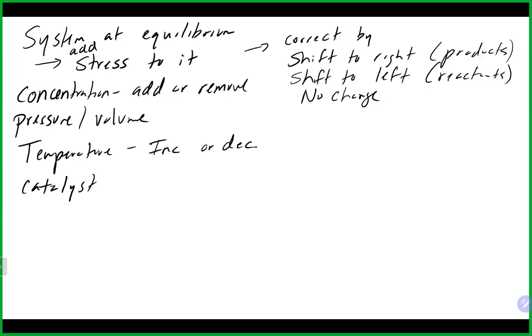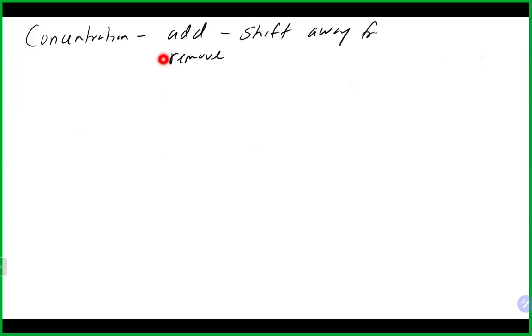So we'll start with concentration here. When we look at concentration, there's really two things that you could do. You could either add more or you could remove. And when we add, it will always shift away from the side we added it to.